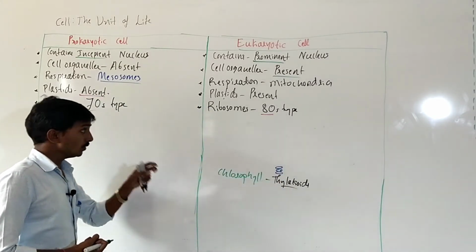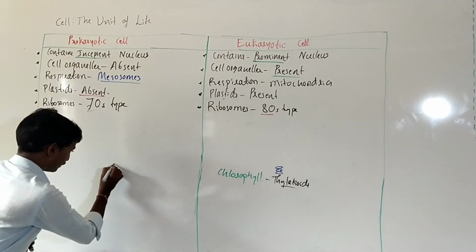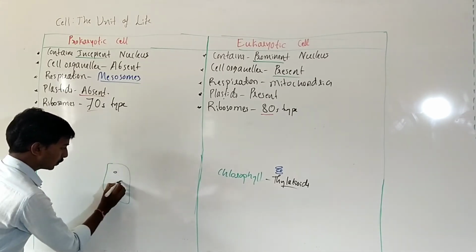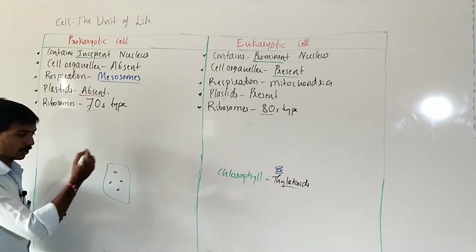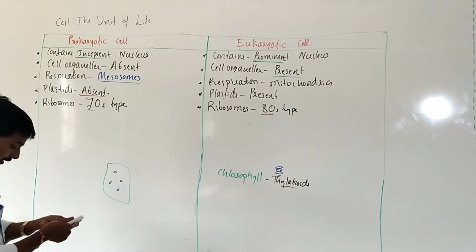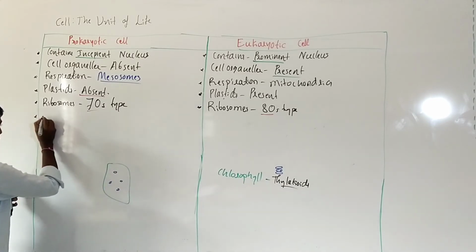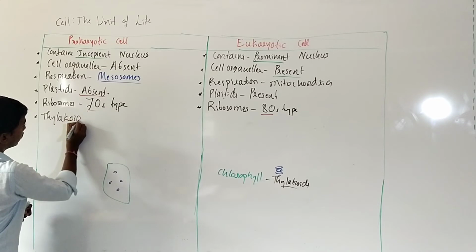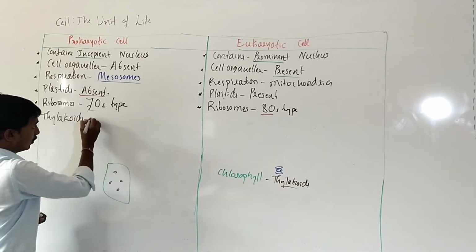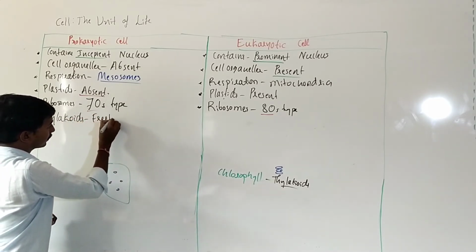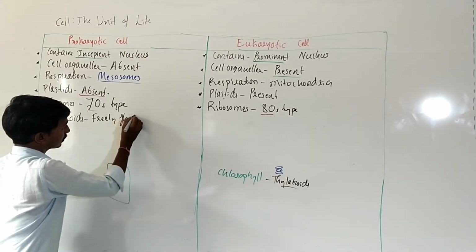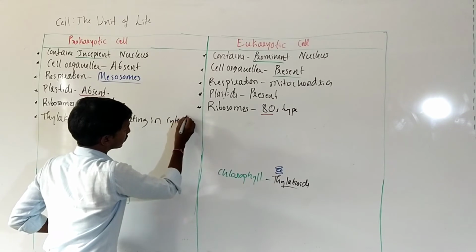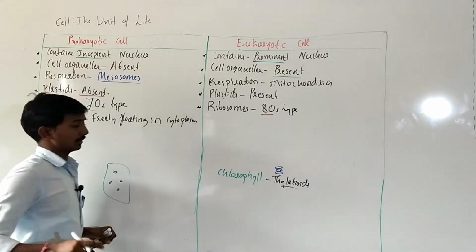So here, in the prokaryotic cell, those thylakoids are freely floating in the cytoplasm. Thylakoids are freely floating in cytoplasm.